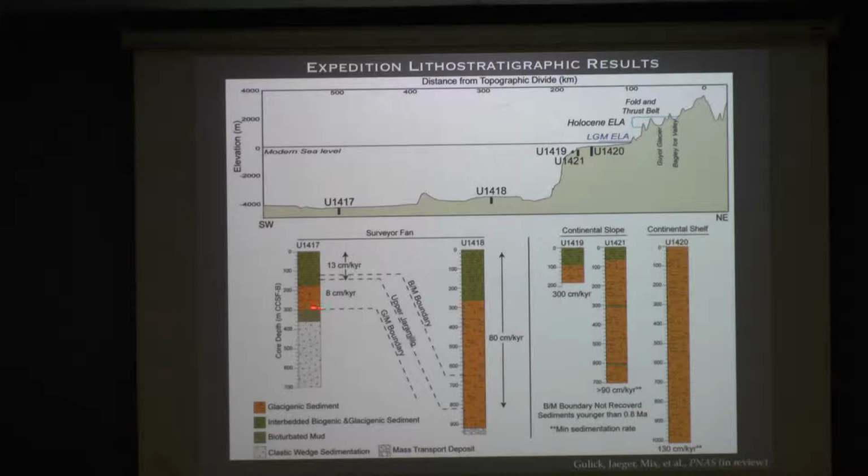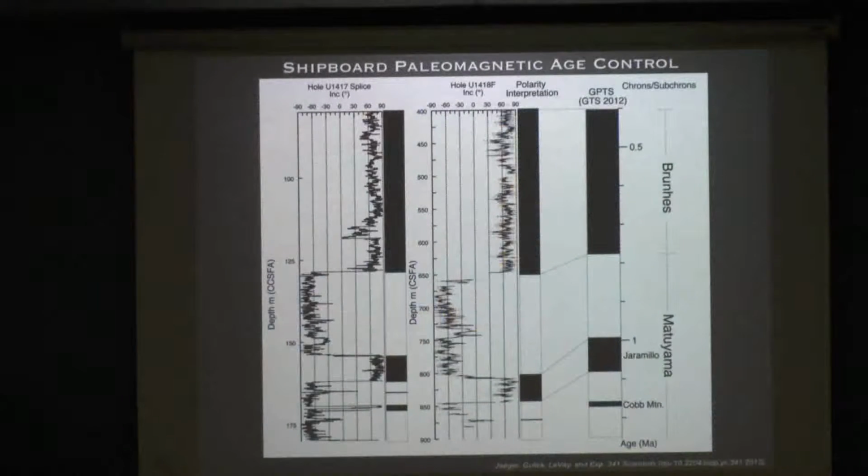So that's the Pliocene. And then right here, we saw this major transition into glacial material and another transition right about 1 million years ago. So we were able to tie those all in with our shipboard data. Because the key here, I should point out, with the paleomag, this transition right here is right at the end of the mid-Pleistocene transition.